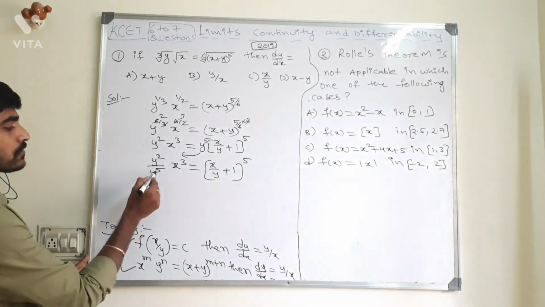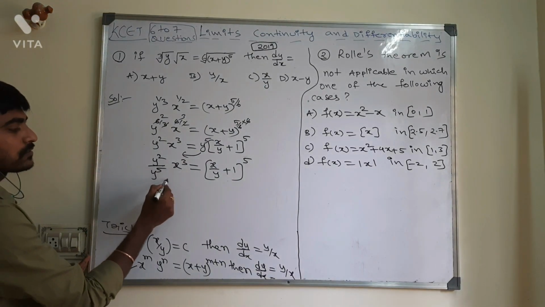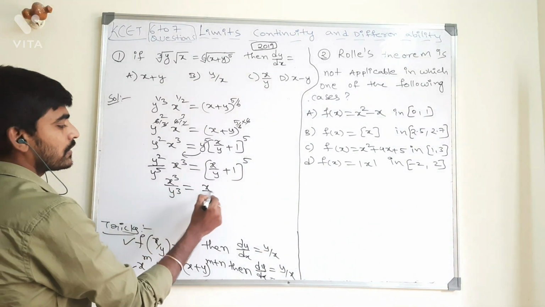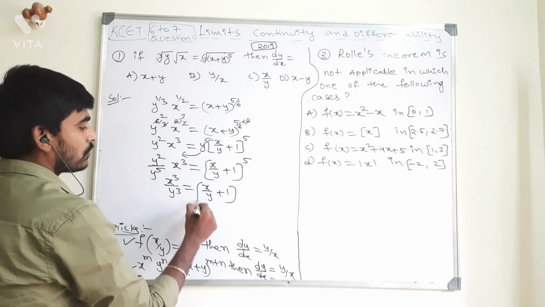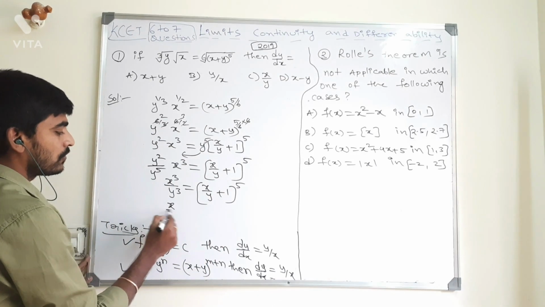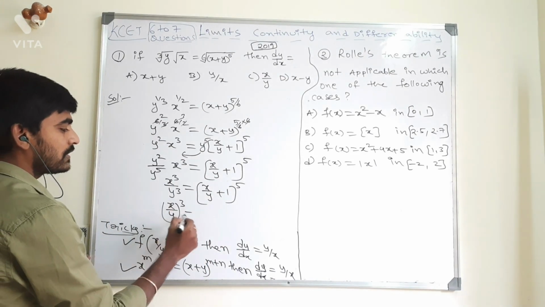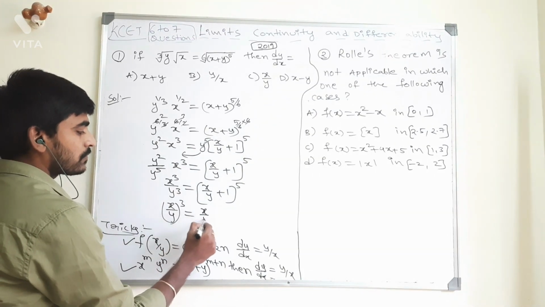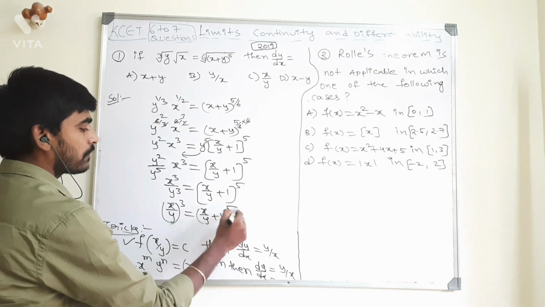Now y square by y power 5 gives x cube by y cube is equal to x by y plus 1 whole power 5. So x by y whole cube is equal to x by y plus 1 whole power 5.